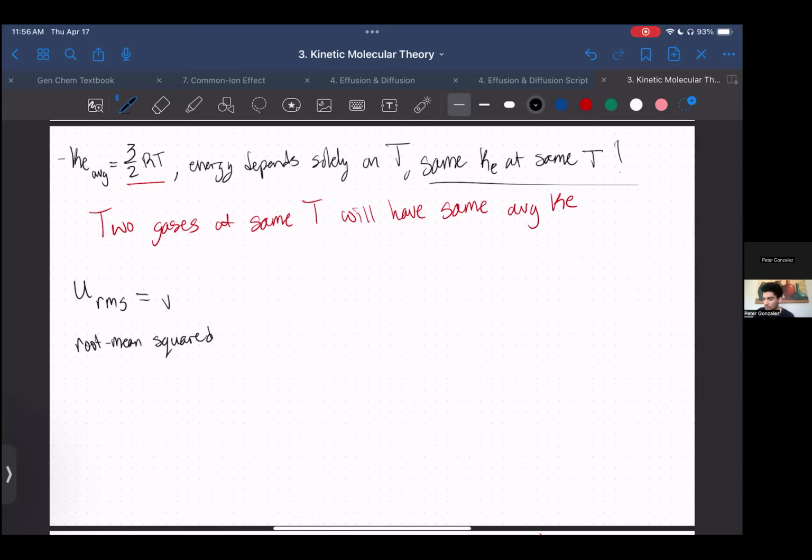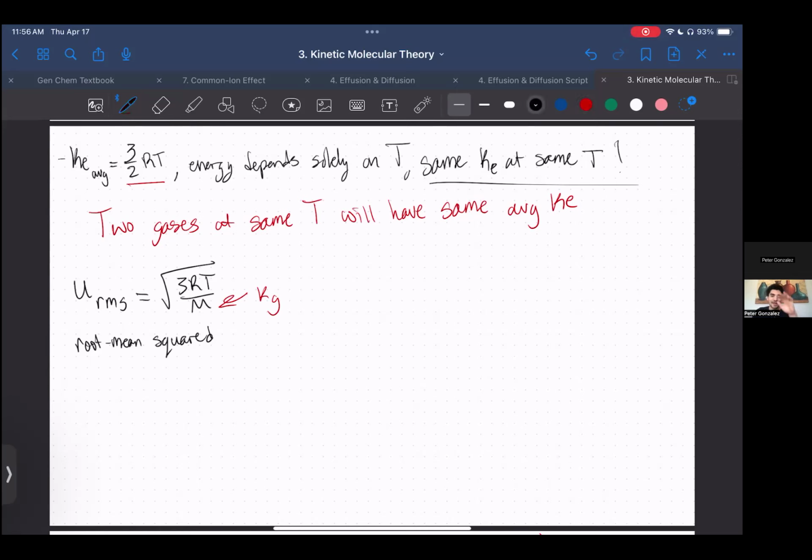It is the square root of 3RT over M, where M is the mass, but this mass is going to be in kilograms. It's kind of weird for chemists, I guess, because it's a capital M, which is like molar amounts. I thought that would be a molar mass, but whatever. So make sure you're in kilograms, not moles, by accident.